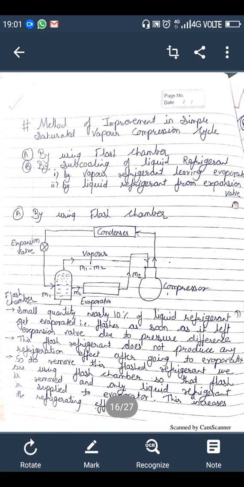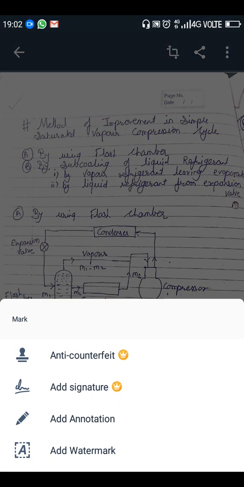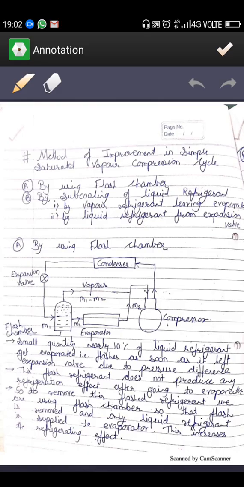Now these are the methods of improvement in the simple saturation vapor compression system. There are two methods of improving the simple saturation vapor compression system.